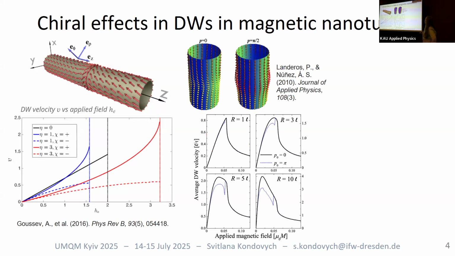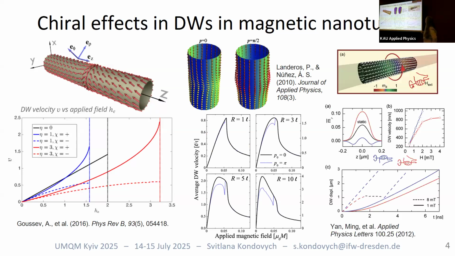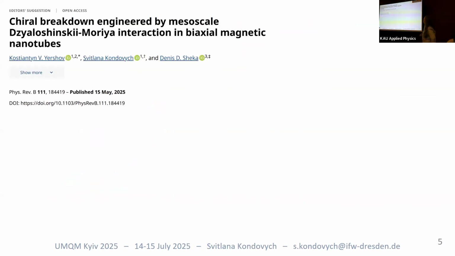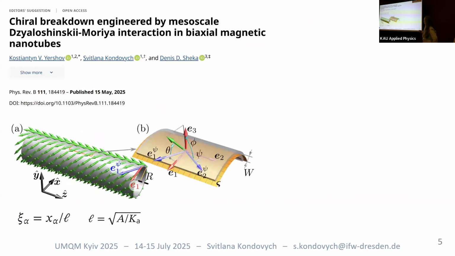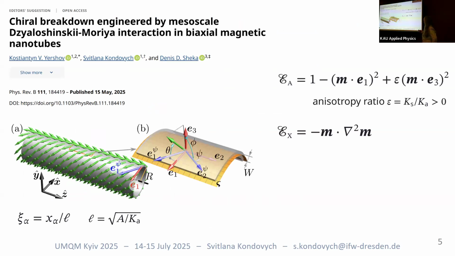And as was mentioned in the previous talk, there was also chiral breakdown seen in systems without intrinsic DMI, but with magnetostatic interactions, which created interesting dynamic effects. The system I will tell you about was considered in this work, and this is the magnetic nanotube with a particular anisotropy.